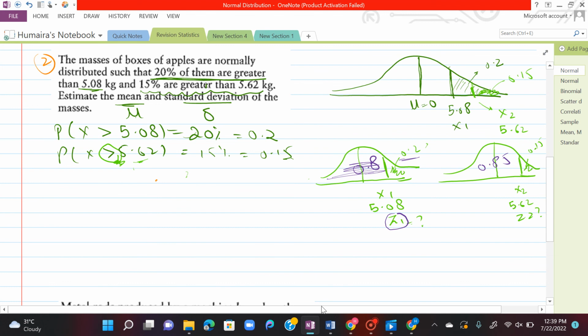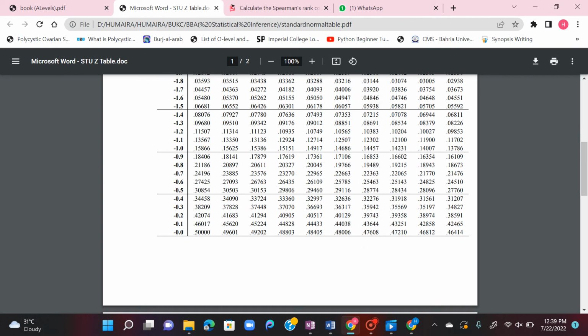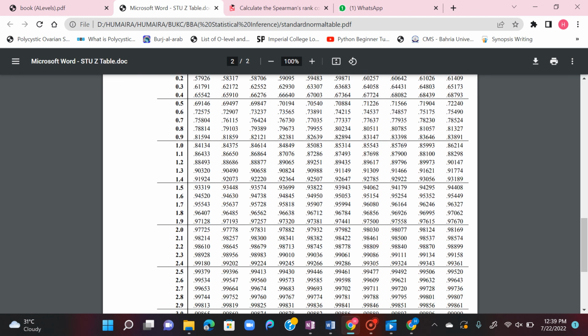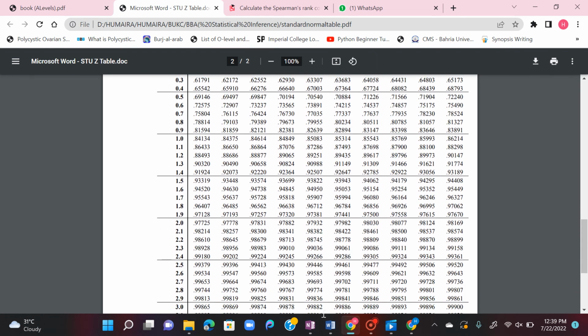Okay, so let's look at the z table. 0.8 will definitely be with the positive values of z. Okay, I can see 0.8 somewhere over here.